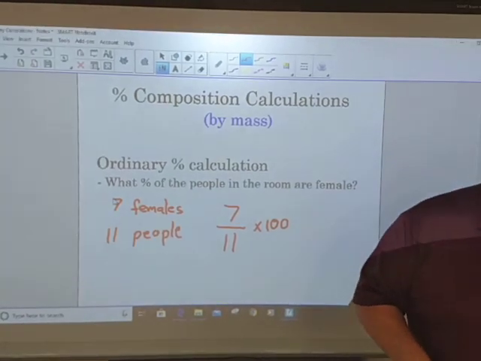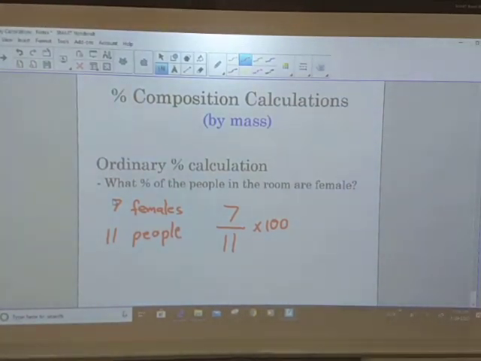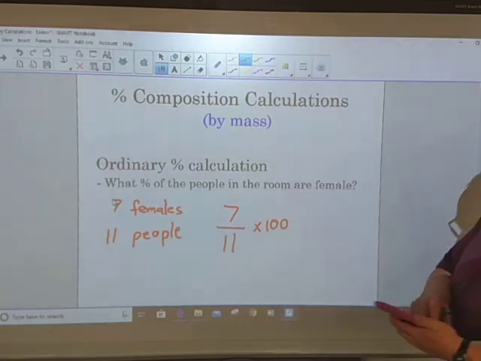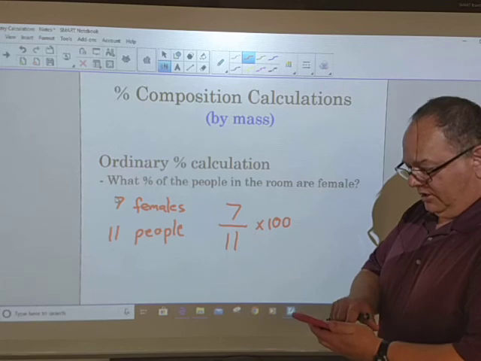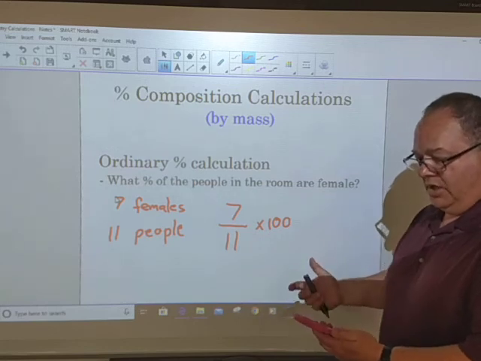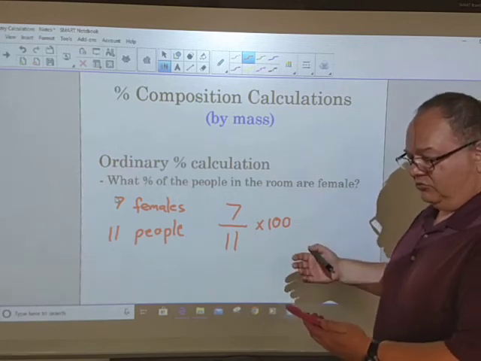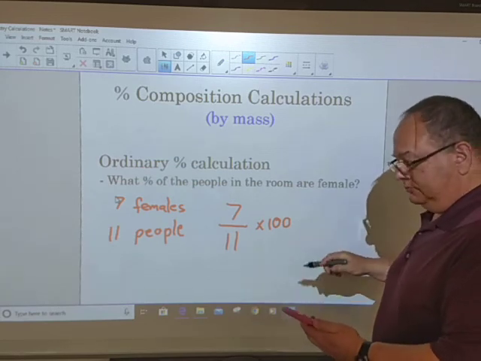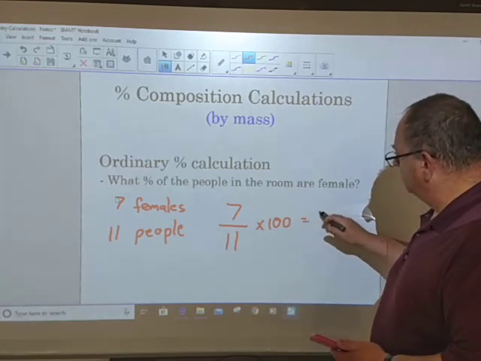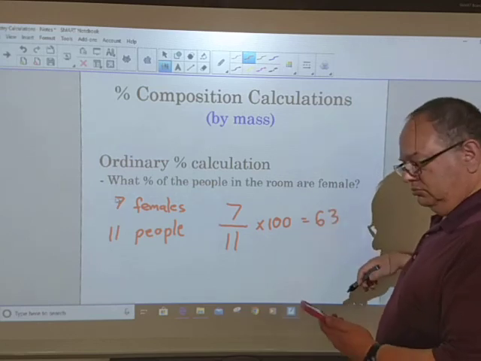So 7 divided by 11 would be 0.636363 repeating, times 100 would be 63.